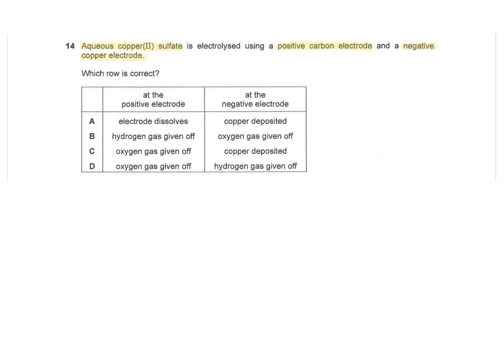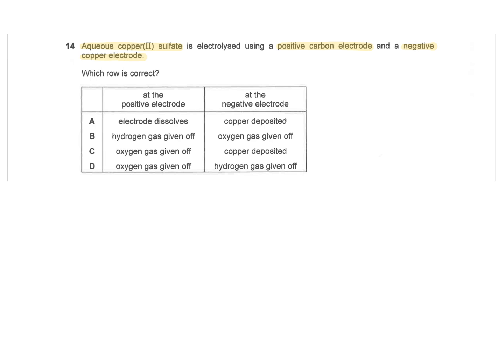So how is that going to affect the electrolysis, or how is it going to affect the products of this electrolysis? Now, when we were learning the electrolysis of a solution using an active electrode, remember, an active electrode will only take part in the reaction at the anode, or the negative electrode.